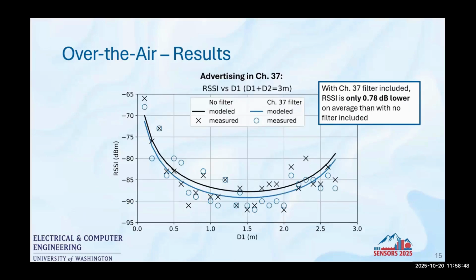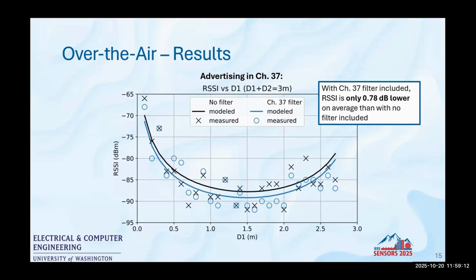So we conducted this procedure with the same 3 filtering scenarios: no filter, channel 37 filter, and channel 39 filter. But note that when the channel 39 filter is included, we didn't receive any advertising packets at all because of that high sideband suppression ratio I mentioned before. Basically, the packets' RSSI was buried beneath the sensitivity of the iPad.